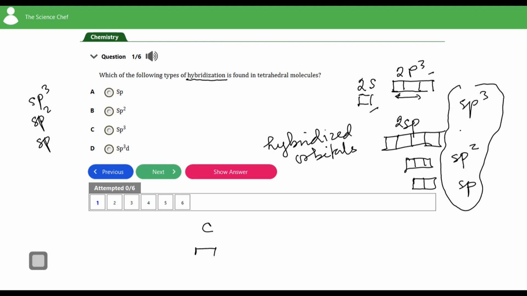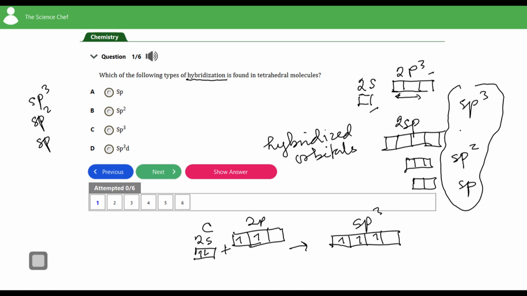Carbon has this configuration: 2s2 and 2p2. These orbitals can blend together to give us sp3 orbitals, where an electron in the s orbital will unpair and be promoted to fill one of the vacant orbitals in the p subshell. So we now have four unpaired electrons.